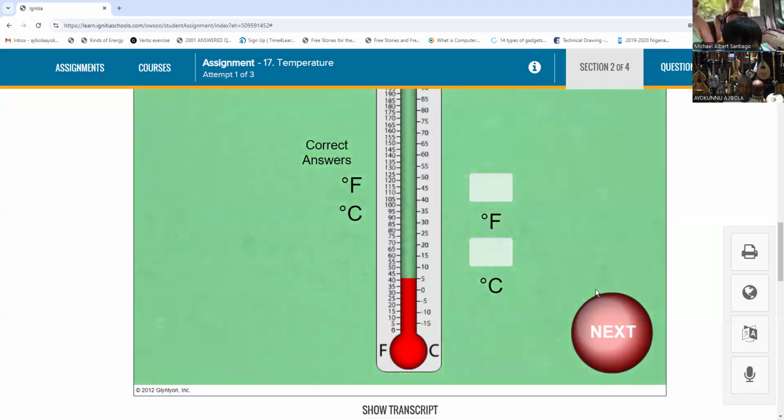So let's go to the next one. What can you see on the Fahrenheit? Is it 41 or 42? It's above 40. So is it 41 or 42?